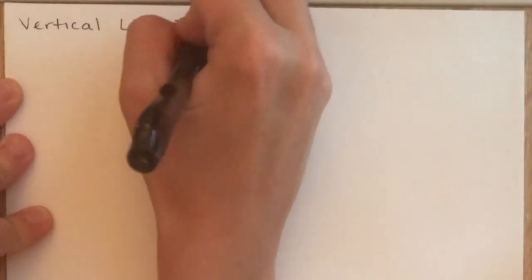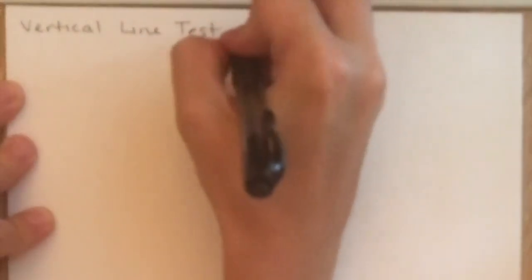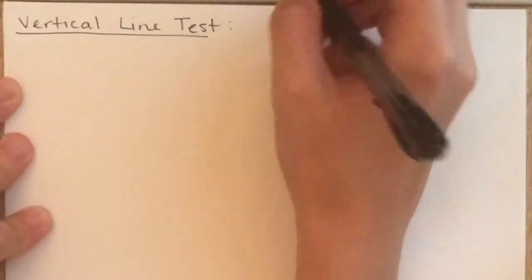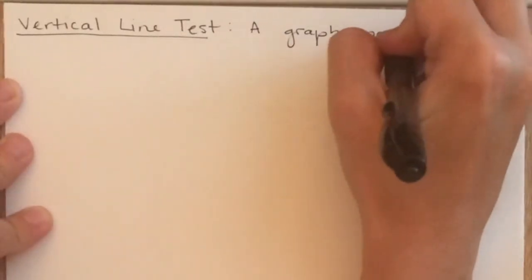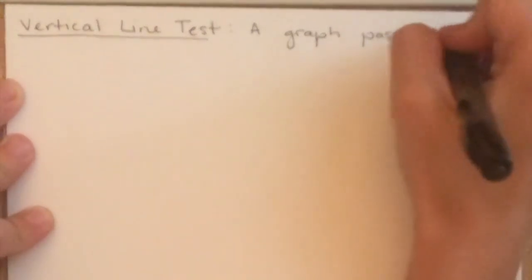Let's name it something super creative and really fun and really original. Like, I don't know, vertical line test. A graph passes vertical line test.